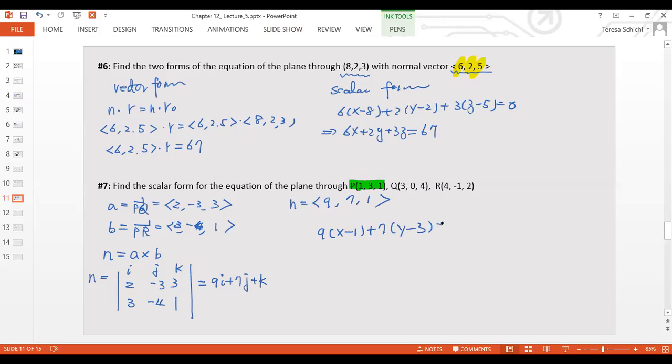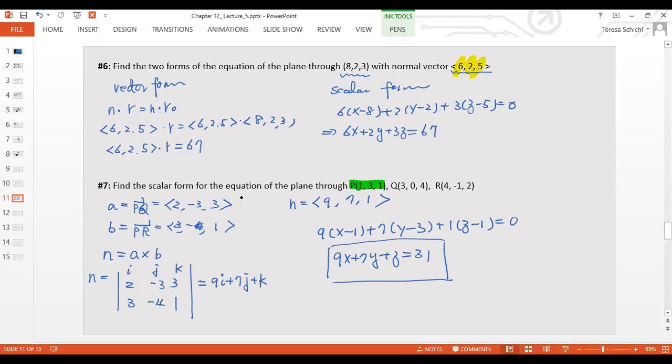And then plus 1 times z minus 1 equal to 0. Then you simplify it a little bit, so you will get 9x plus 7y plus z equal to what? Equal to 31. So this is the scalar form of the plane here.